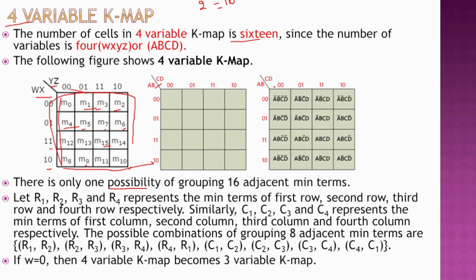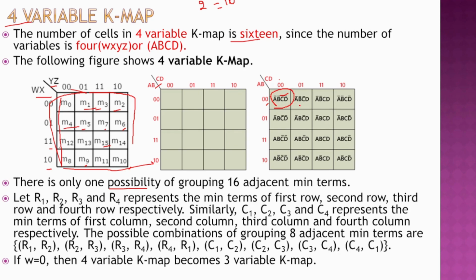You need to mention this variable with the sum of minterm method, that is the sum of product term method. The first two variables are the AB value and the other two variables are the CD value. So for the first cell, all four values will be 0, and you need to mention the first cell as A bar, B bar, C bar and D bar.